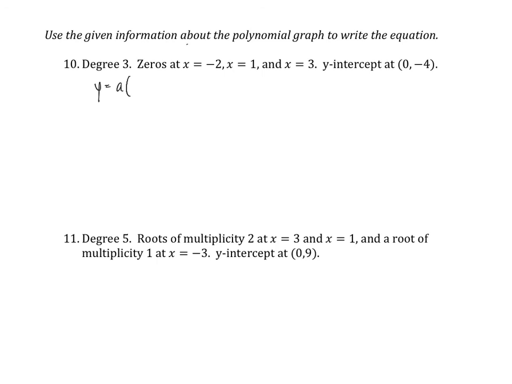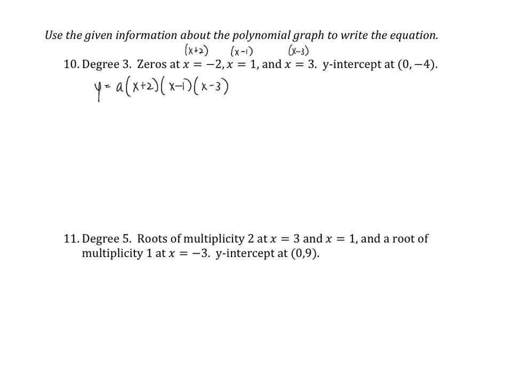Remember, the factor associated with that is x plus 2. The factor associated with 1 would be x minus 1, and the factor associated with 3 would be x minus 3. So it's always the opposite sign in the factor versus the 0. So x plus 2, x minus 1, and x minus 3.